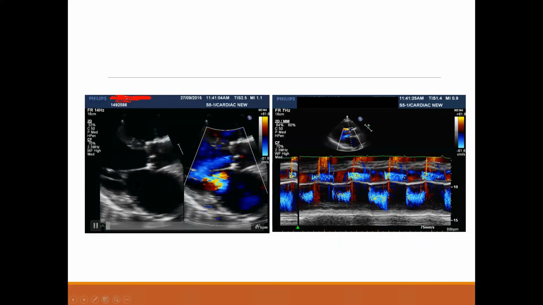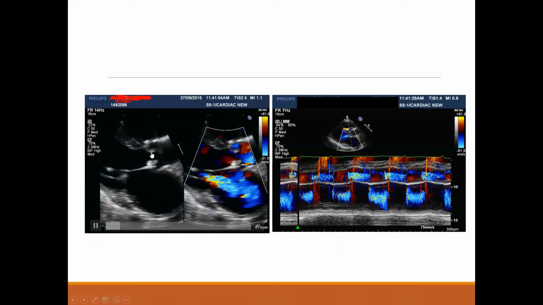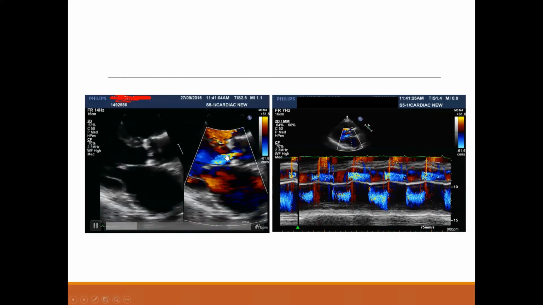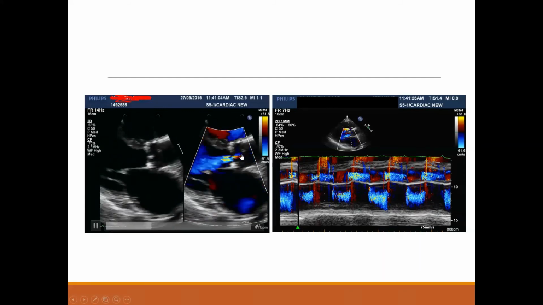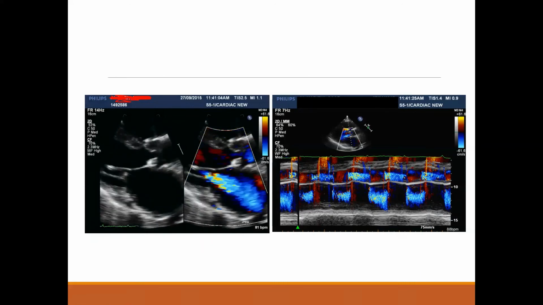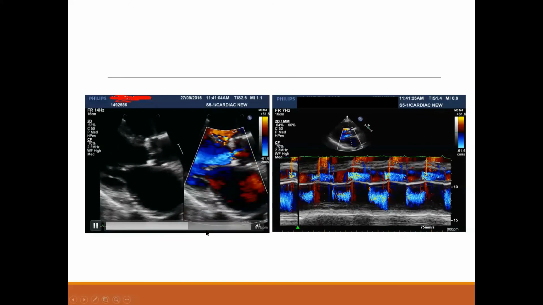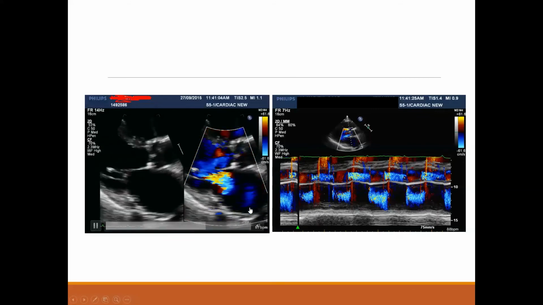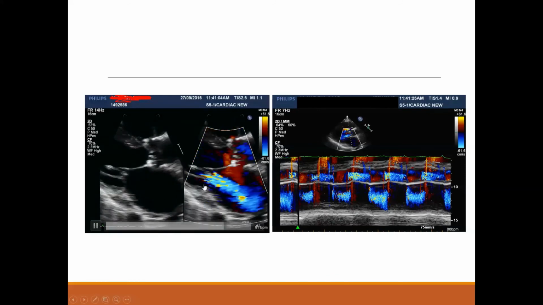This is a zoomed in view across the mitral and aortic valve with color compare. The aortic valve is thickened with a jet of mild aortic regurgitation, and also the mitral valve is thickened with moderate mitral regurgitation. Yes. You could say moderate or moderate to severe. You need further quantification. In this patient, it was severe.